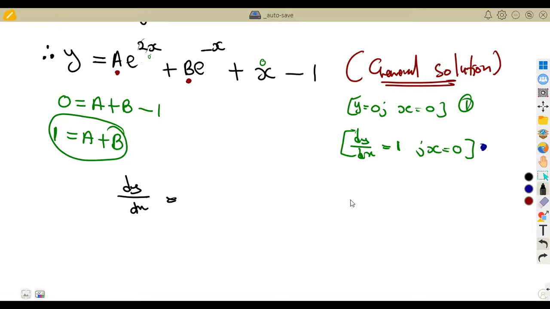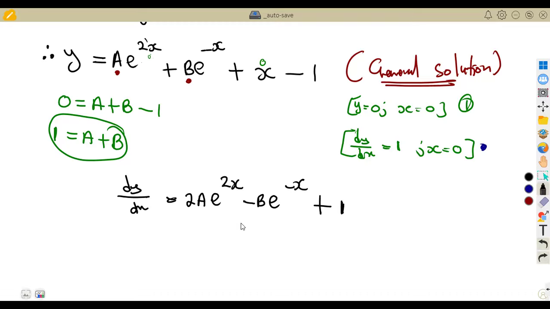Remember, drop the 2 to multiply, the derivative of f of x multiplied by the constant a. So it is going to be 2a e to the exponent of 2x. The same thing, the derivative of minus x is minus 1, so it's minus b e to the exponent of minus x. The derivative of x with respect to x is 1. The derivative of minus 1 is 0. So this is our dy dx.